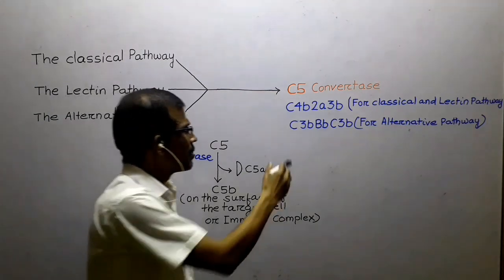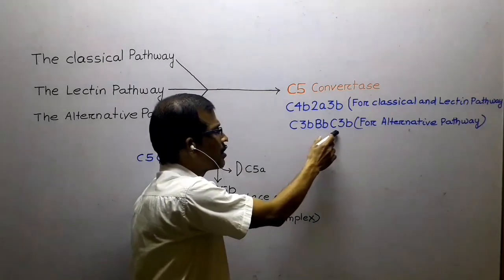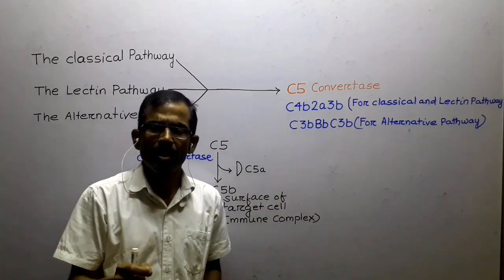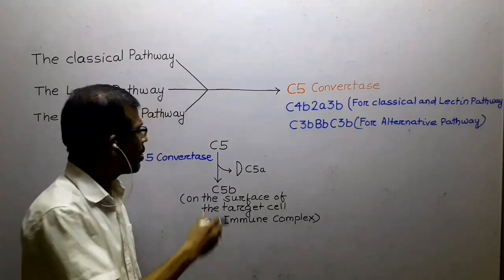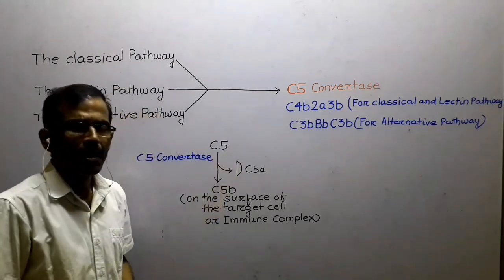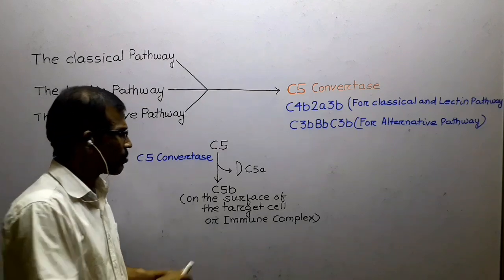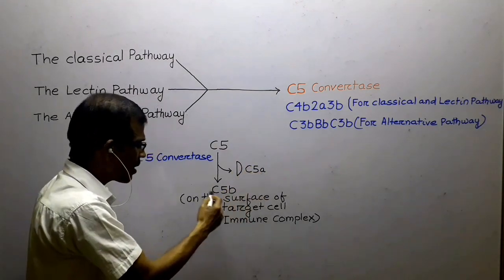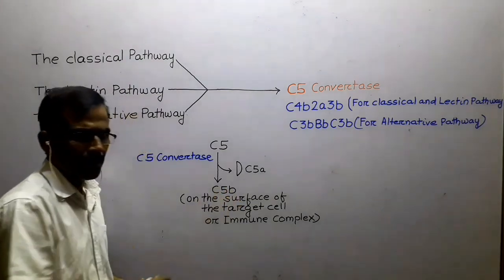It is C3bBb3b. As you know, C5 convertase cleaves the complement component C5 into two fragments. The smaller fragment is C5a and the larger fragment is C5b.